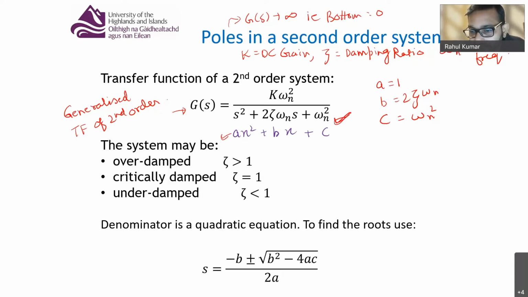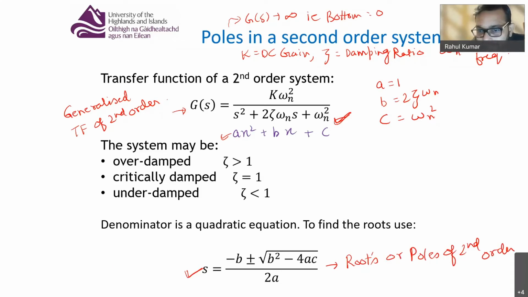So I will have to use this formula over here, which is minus b plus minus square root of b square minus 4ac, divided by 2a, to find the roots. This formula will give me the roots, or I can say the poles, of second order.